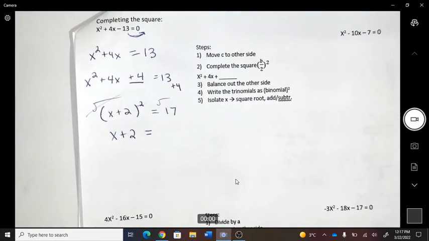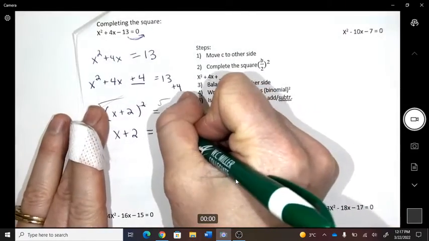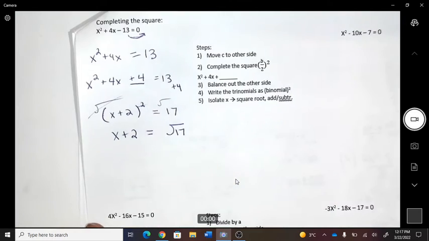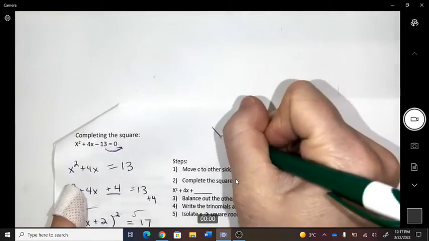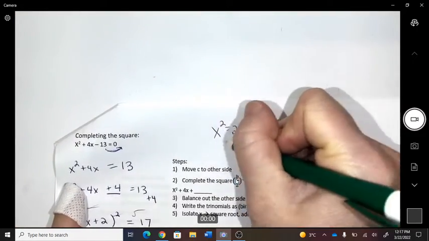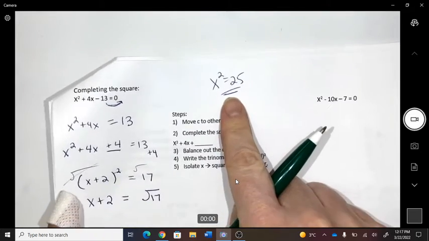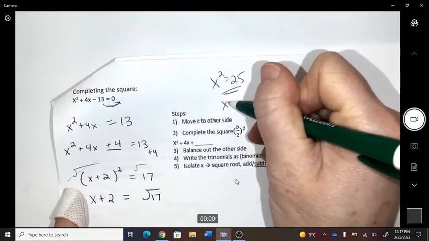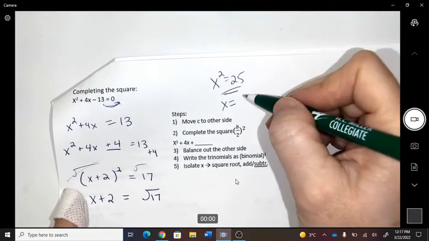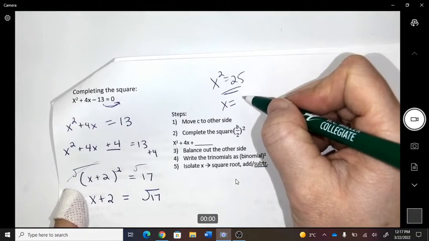Does the square root of 17 become nice or a decimal? Decimal. So I don't want it. I'm going to leave it as the square root of 17. But what have we learned about something like this? What's the answer to this? It's not the full answer.